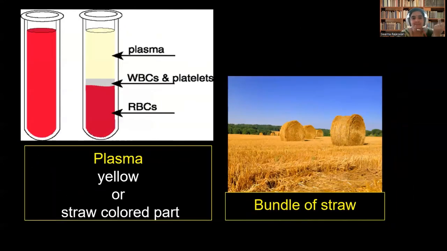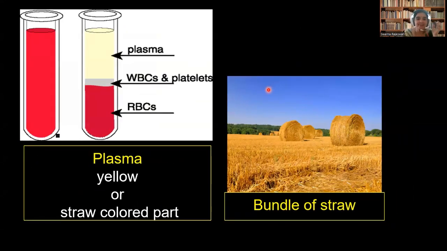So, what is plasma? When we centrifuge the blood, it will be differentiated into the yellow colored part or straw colored part, which we call plasma, and the blood cells will be accumulated down. This red colored part is full of RBCs and WBCs.